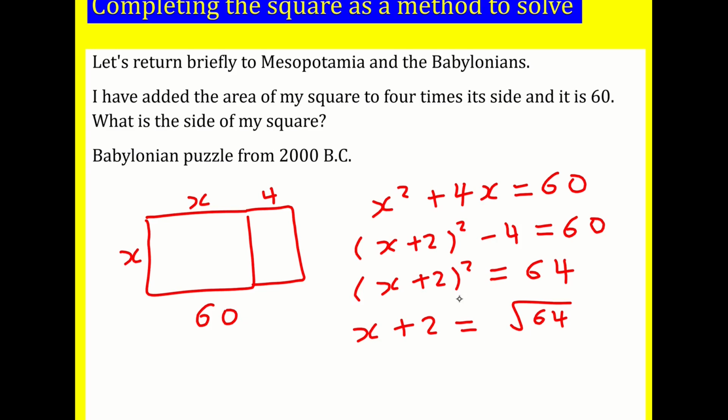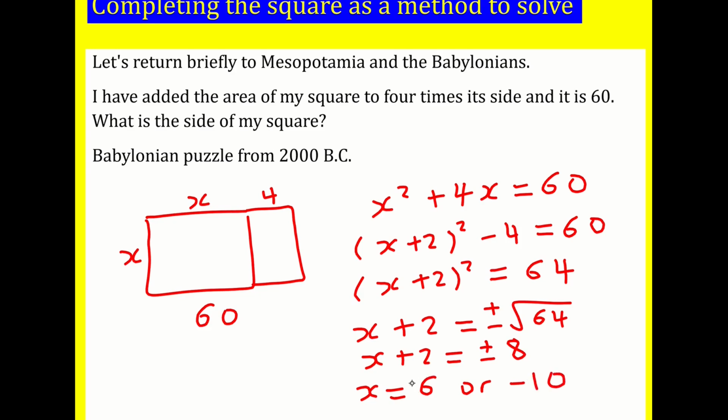Now the Babylonians would have done this and not included the negative, but we actually have to remember that when we take a square root, we need to include plus or minus. So it's going to become x plus 2 equals plus or minus 8. If we include plus 8, x is 6. If it's minus 8, it's going to be minus 10.